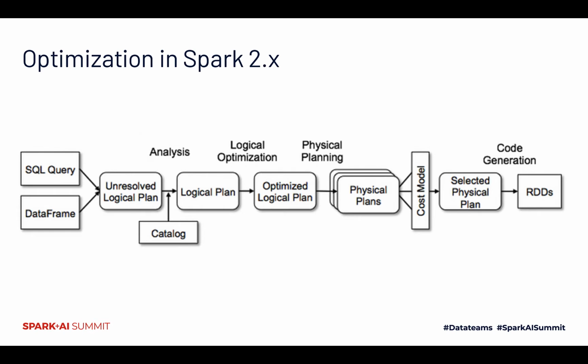From there, a rule-based optimizer that was available in Spark 1.x rewrites the queries, grouping filters together and reordering operations to improve the performance. Then, we can take advantage of cost-based optimization by looking at the underlying file sizes and available statistics to choose amongst many possible physical plans and join strategies. Once we've selected the best physical plan, it then gets compiled into RDDs using what's known as whole stage code generation. And this gets executed.